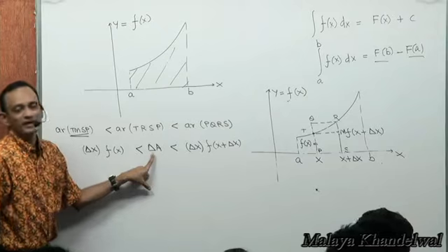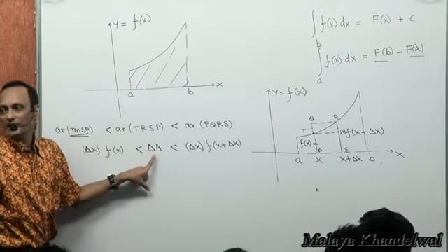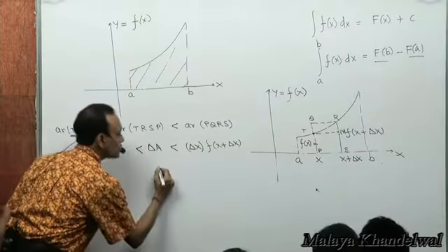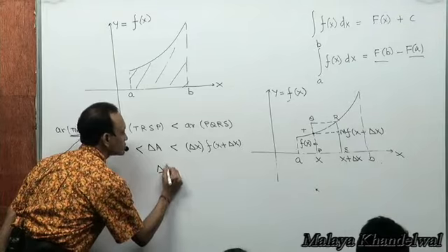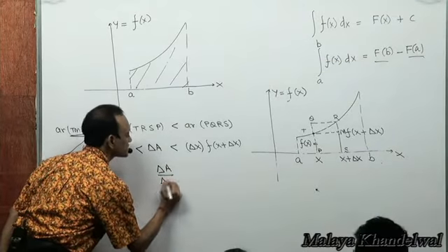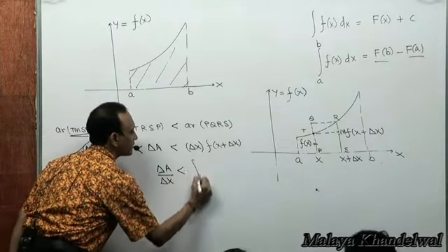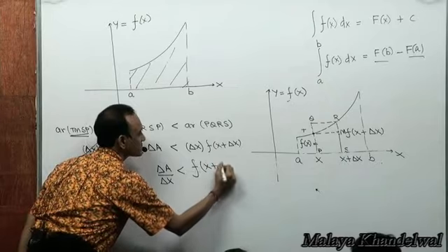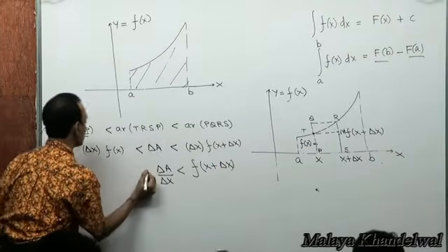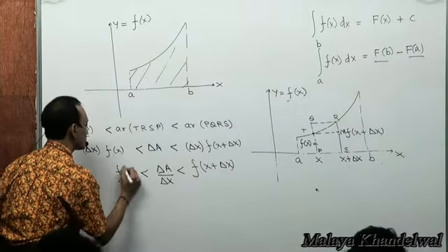Now, let me divide by delta x throughout. On dividing by delta x throughout, delta A by delta x is less than f of x plus delta x and greater than f of x. Yes or no?